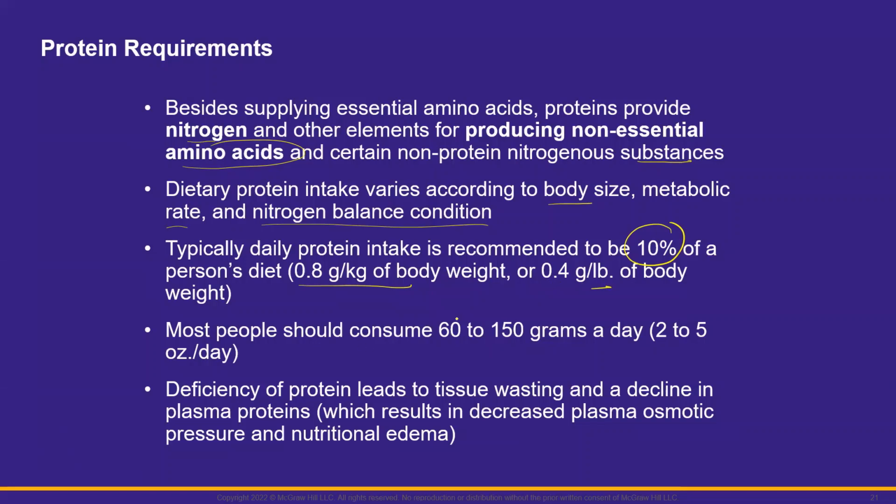Most people should consume 60 to 150 gram protein per day, okay, 2 to 5 ounces per day. Deficiency of protein leads to tissue wasting and a decline of plasma protein, which results in decreased plasma osmotic pressure and nutritional edema. So sometimes it is a dangerous thing when we have a deficiency of proteins.